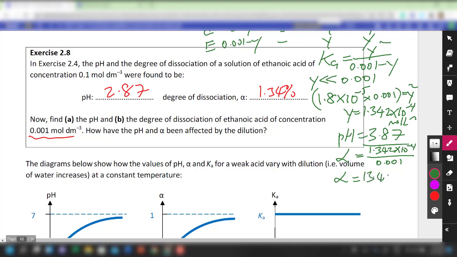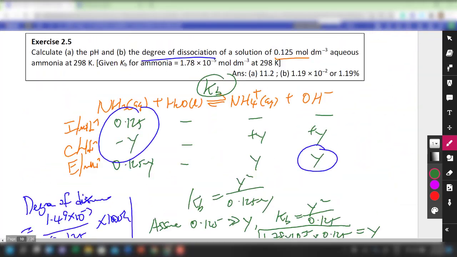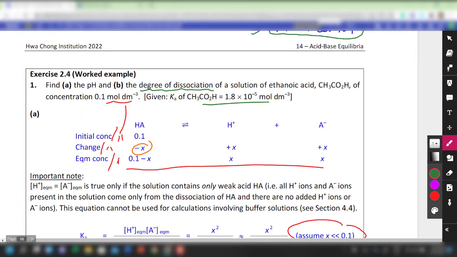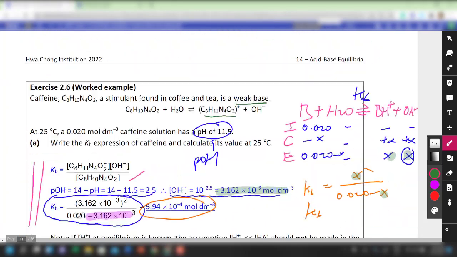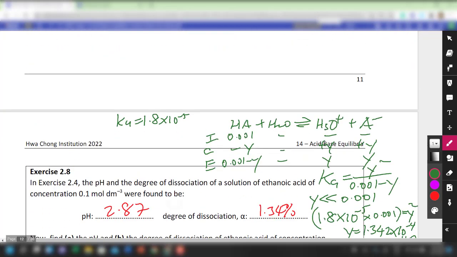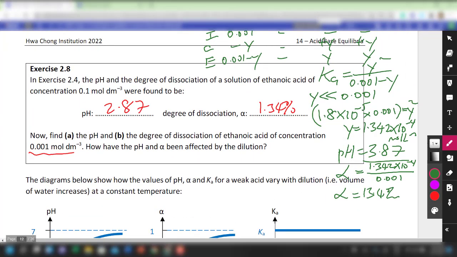Wow, 13.4%. Okay, so you realize that as I perform 100 times dilution. Why is it 100 times? If you look at the initial concentration, it's given to be 0.1 over here. So I'm doing 100 times dilution, and you notice that the pH goes from 2.87 to 3.87, so it increases. But the extent of ionization actually increases by 10 times, so we get 13.4%.